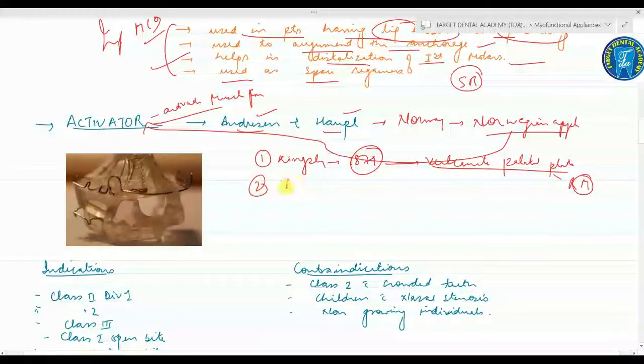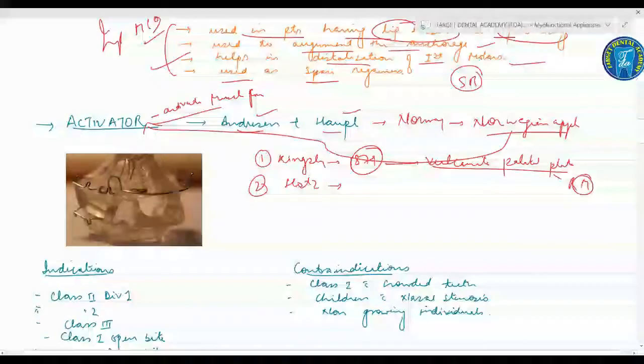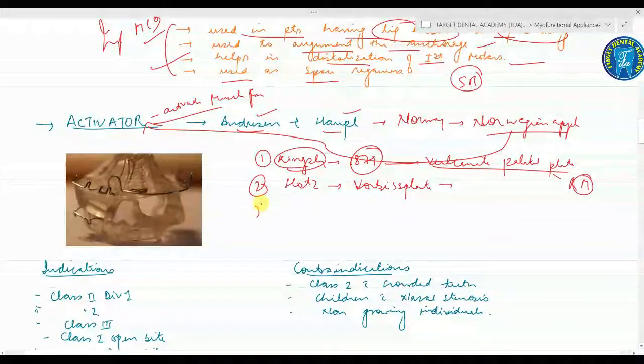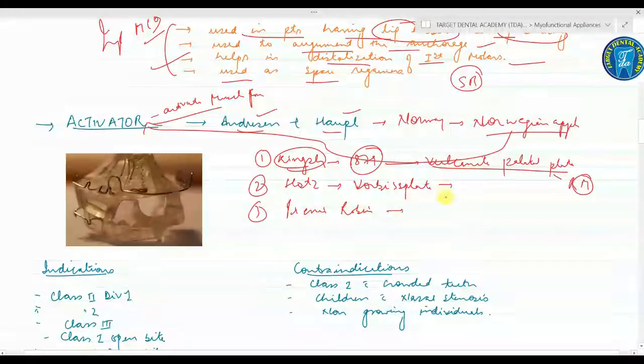Later on, Hotz devised a Vorbis plate, which was again a modification of the Kingsley plate. Third one, which is important for your MCQ, Perry Robin devised an appliance called a monoblock.